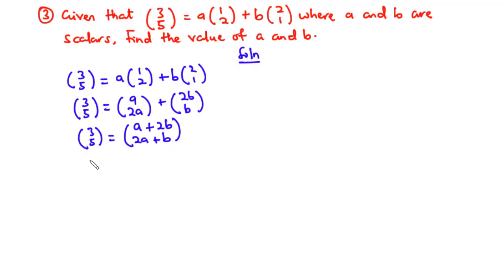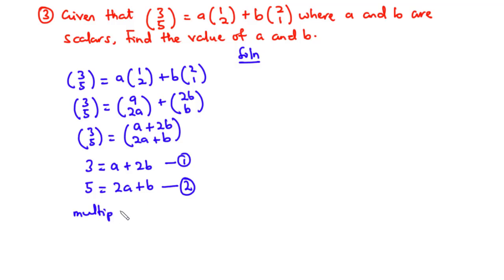Now let's generate the two equations. 3 equals a plus 2b, that is equation 1. 5 equals 2a plus b, that is equation 2. Now we can multiply equation 1 by 2, so that we can cancel the a terms and then find the value of b.